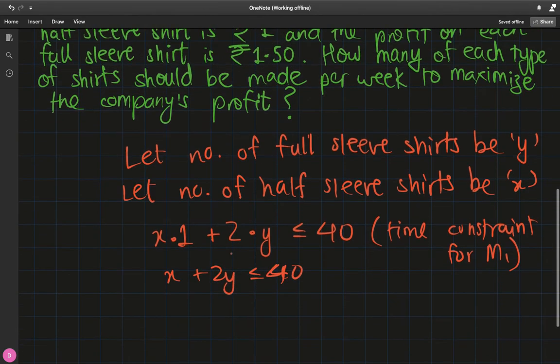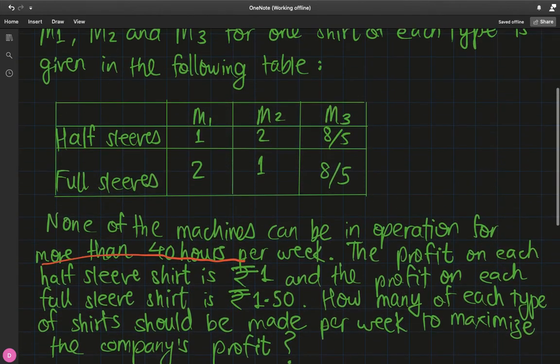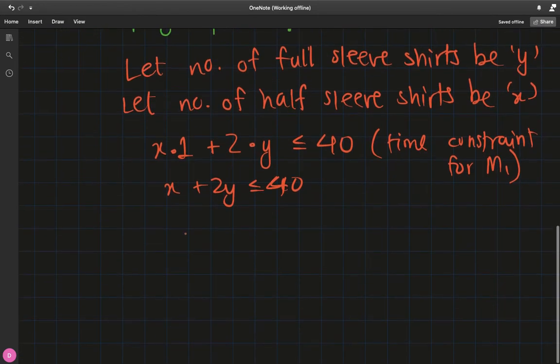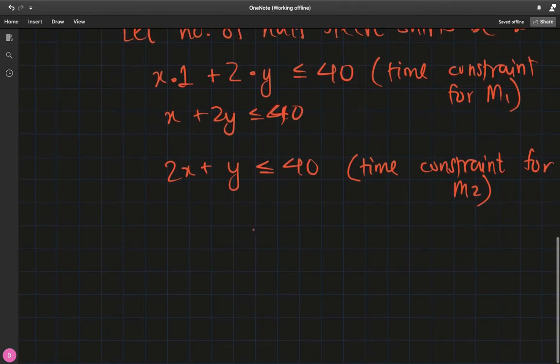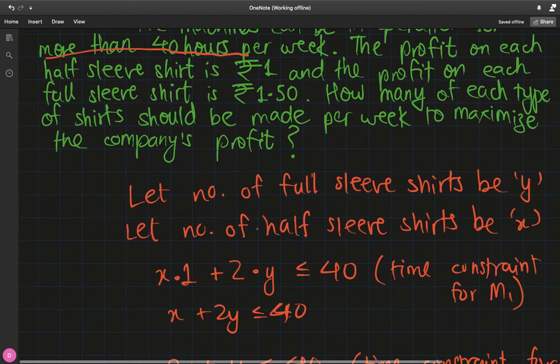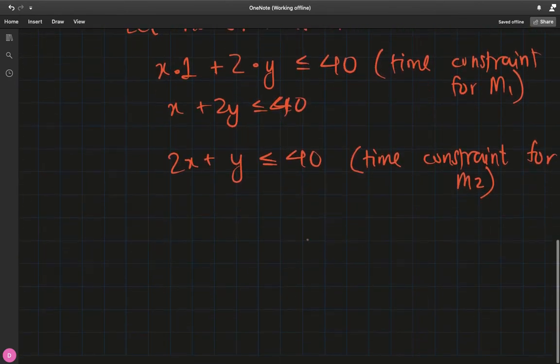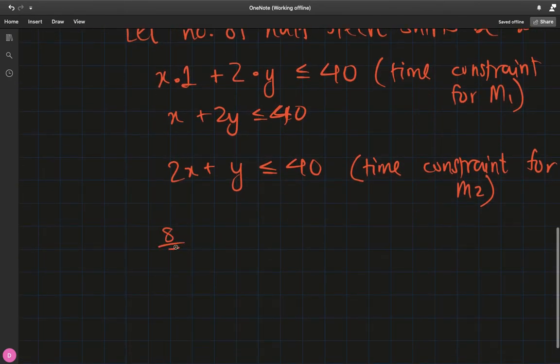We can do this for machine 2 as well. Similar process. So 2 times x plus 1 times y should be less than or equal to 40. Again, call this the time constraint for machine 2. We can do this for machine 3 as well: 8 over 5 x plus 8 over 5 y is less than or equal to 40.